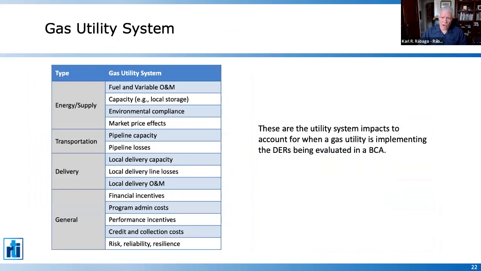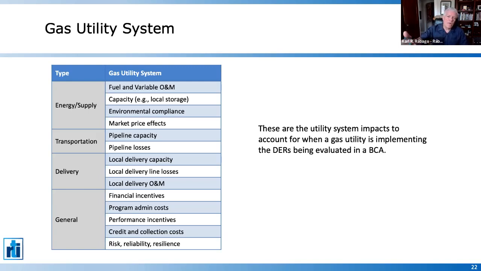Gas utilities are a little different. Obviously, there's no generator per se, but there are supply issues. They have also things like pipeline capacity issues, which are slightly different than transmission issues, and leakage through pipelines, which may have more or less environmental impacts, for example.